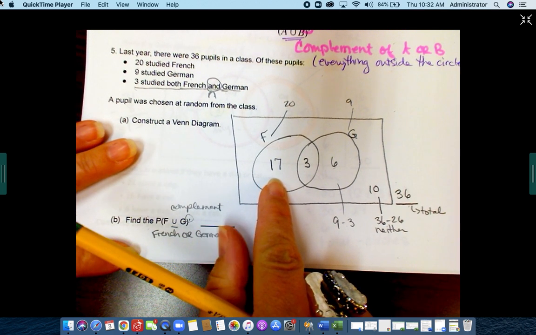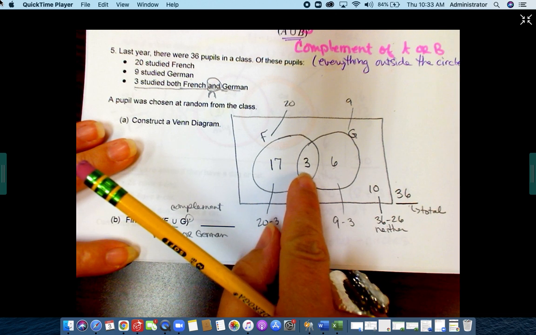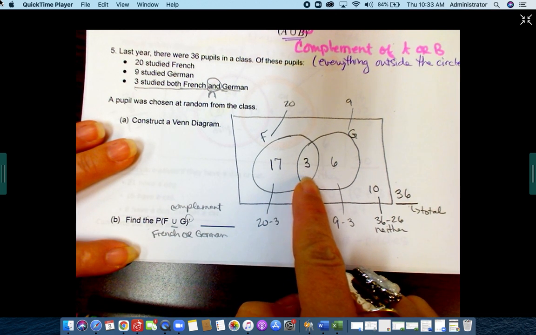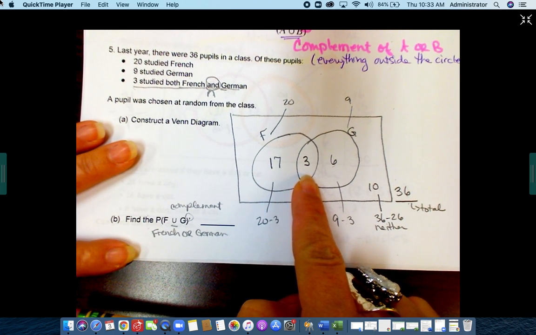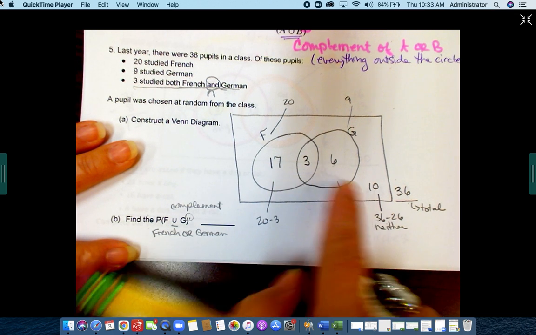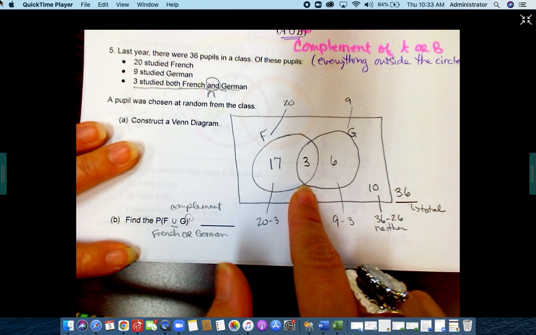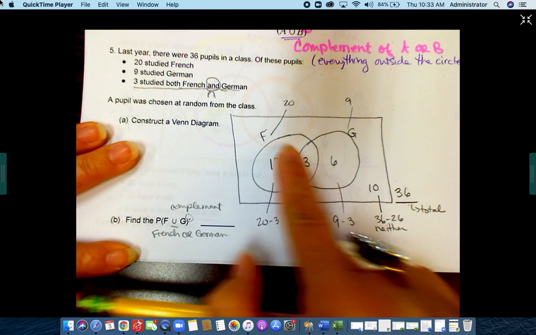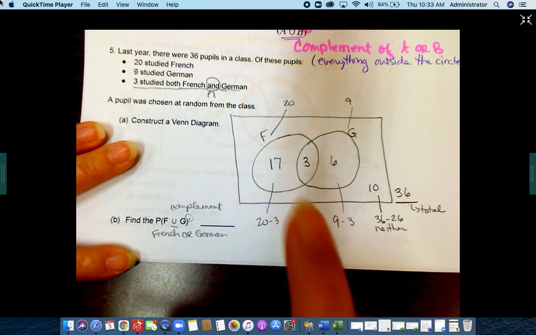They're going to say, yeah, I take French. If you ask these 3 students, do you take French or German? They're going to say, yeah, actually, I take both. These 6, if I ask these 6 students, do you take French or German? They're going to say, yes, I take German. So all these 3 are, remember the or. So remember, union, join these 2 together.